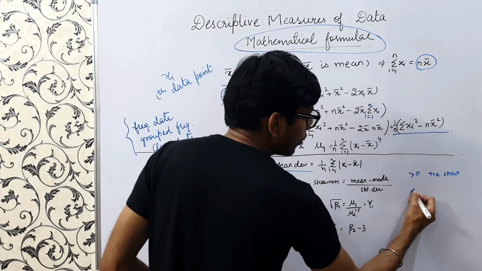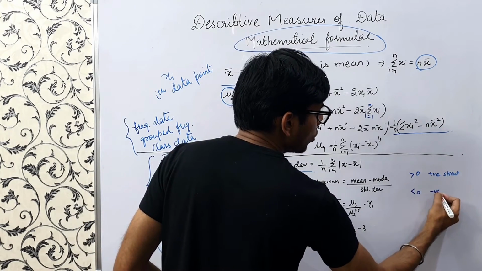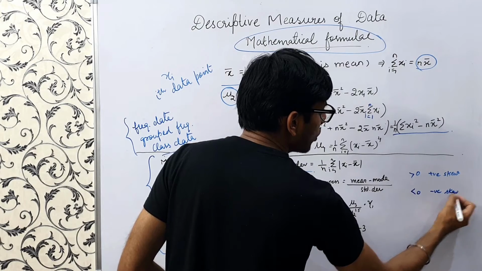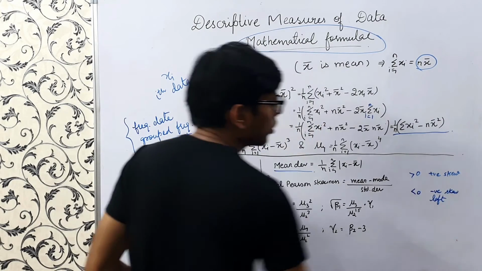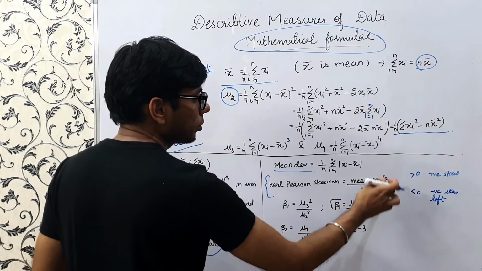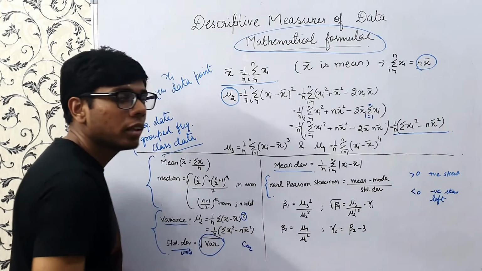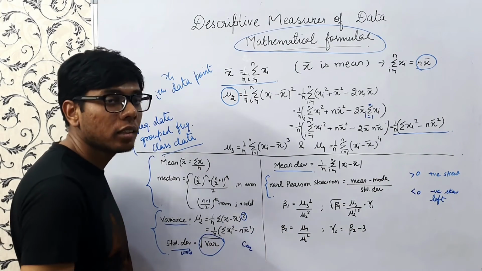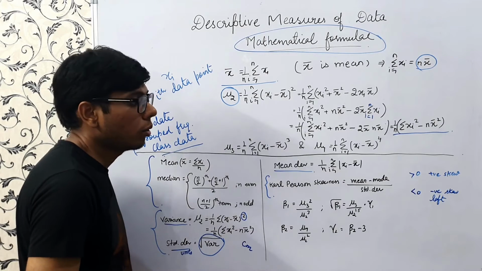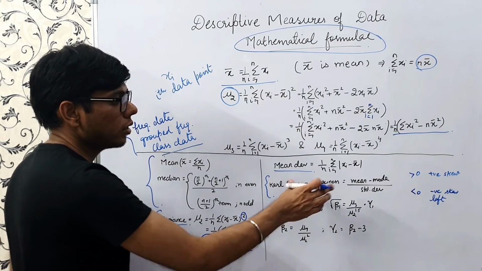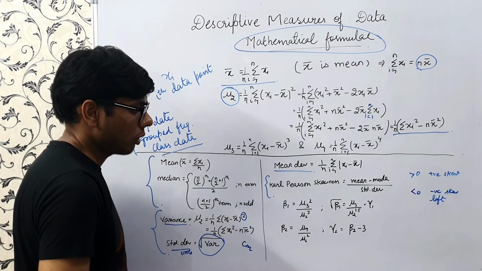If it is negative, then it means negative skew or left skew, and in this case our mean would be less than mode, as in a negatively skewed or left skewed distribution. So it is evident from the formula.